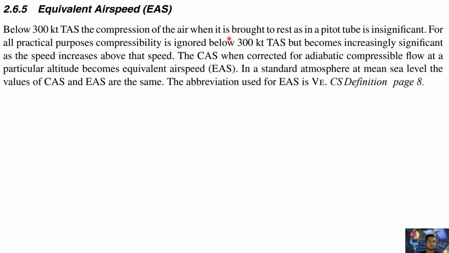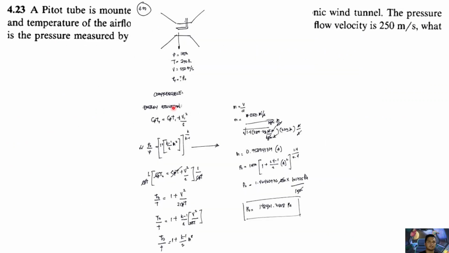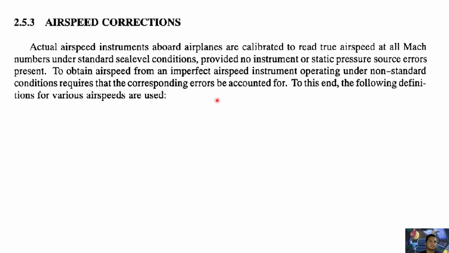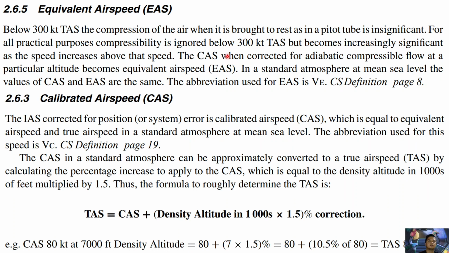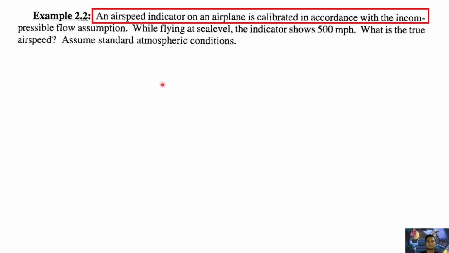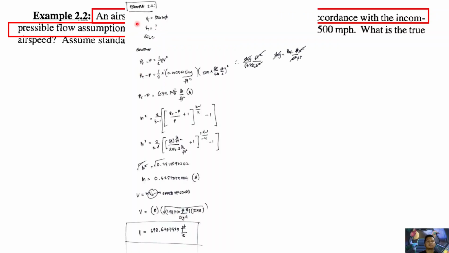So, this is our true airspeed formula. This is what we will use. However, the given parameter is that the indicator is calibrated in accordance with the incompressible flow assumption. Okay? So, the first step is to get P sub T minus P, or the difference in pressure, under the incompressible flow assumption.